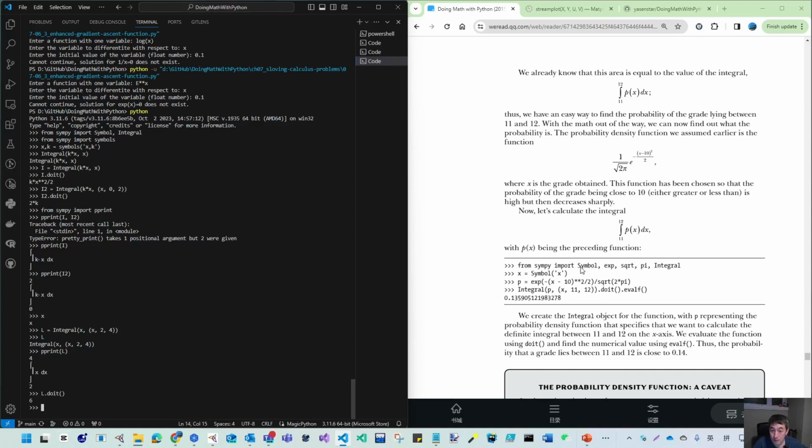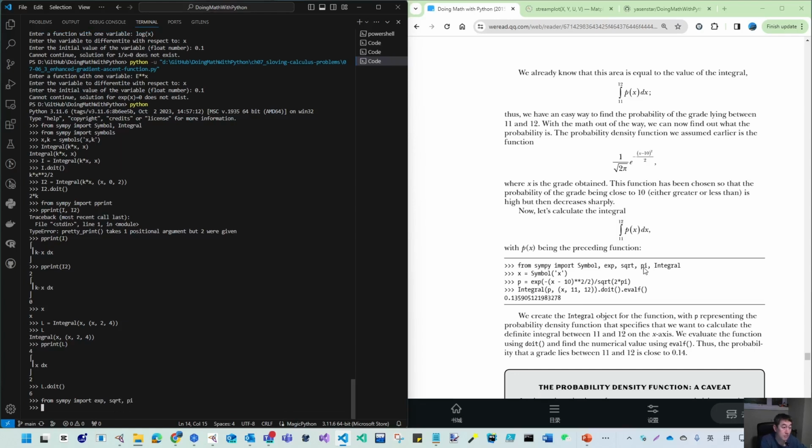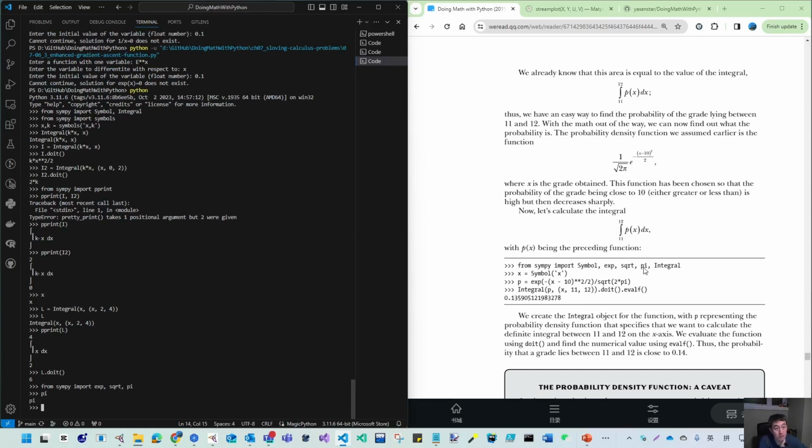So we already have the symbol and integral imports. Let's just import those mathematical functions, but we will use the sympy functions, not math, because math cannot handle symbolic expressions. We discussed that. So we import the exp function, the square root function, and also the constant pi. When we say pi here, you can see that is our expression.